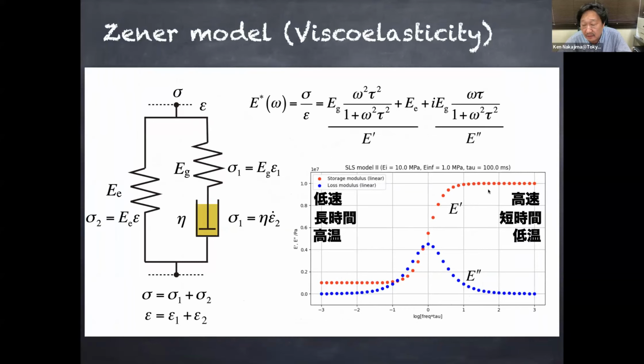I just drew the tendency for your reference. As we saw already, at low temperature the modulus is high, at high temperature the modulus becomes lower, and here is the glass transition range.